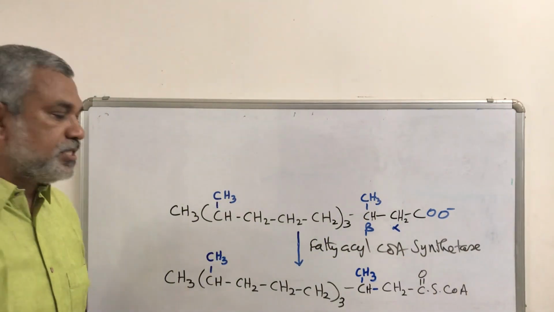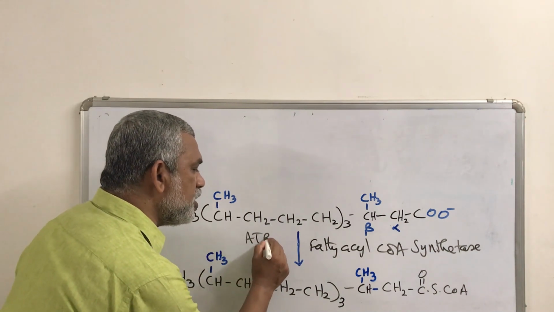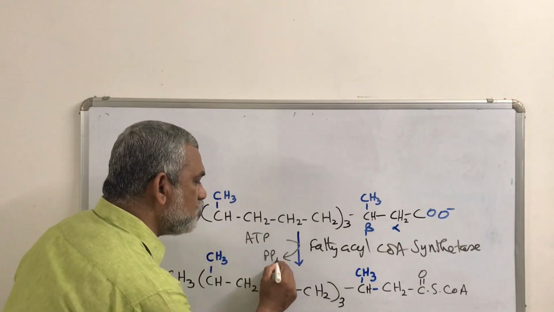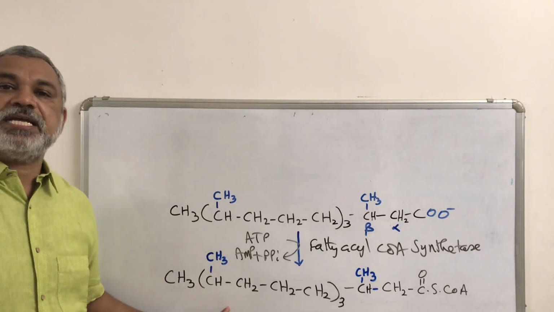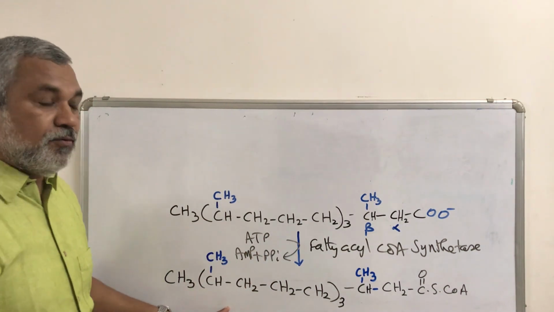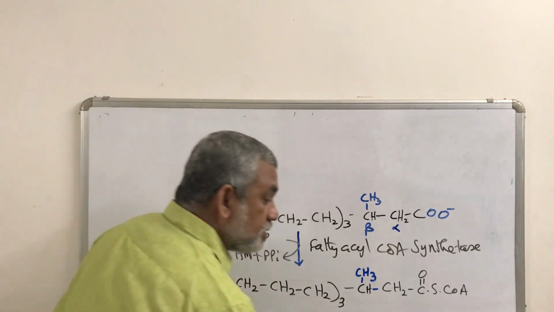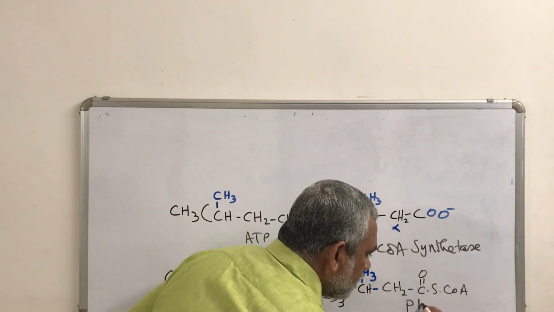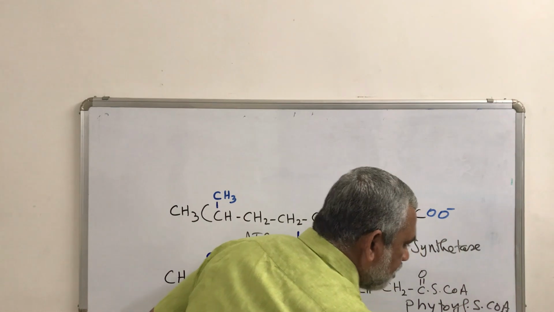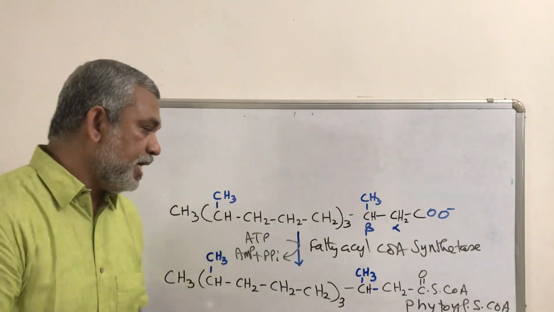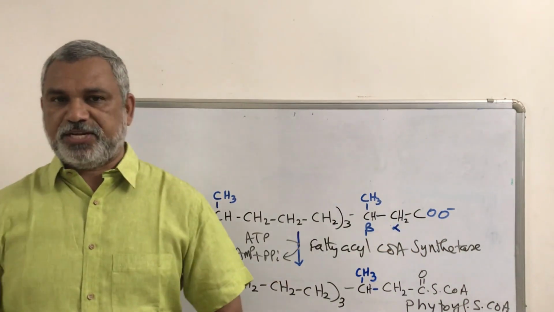Fatty acyl-CoA synthetase requires an ATP molecule that will be hydrolyzed to PPi plus AMP. So therefore, we will get phytanoyl S-CoA, which is the end product at the end of activation.